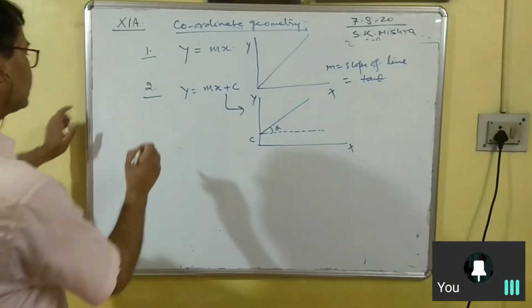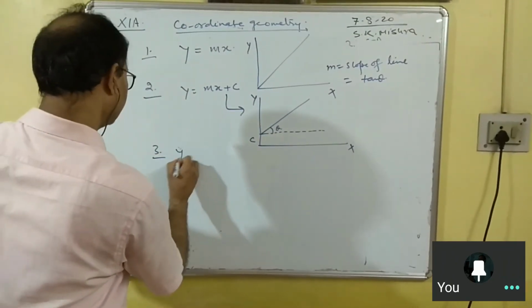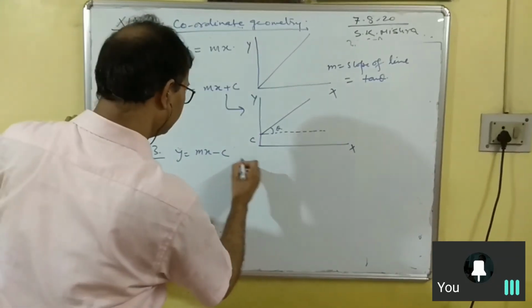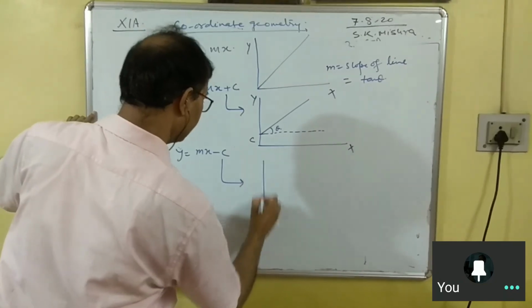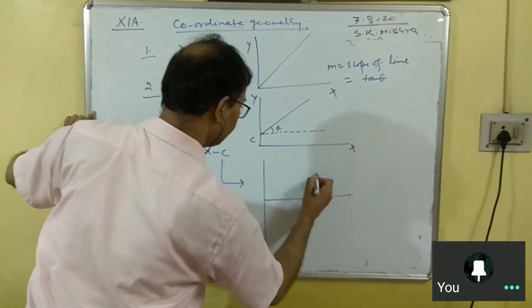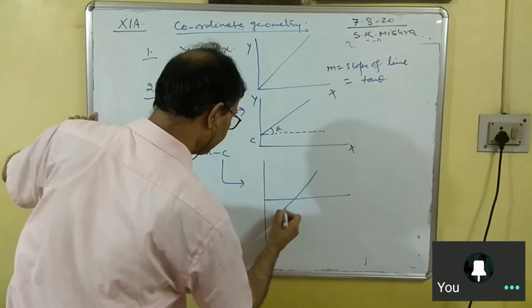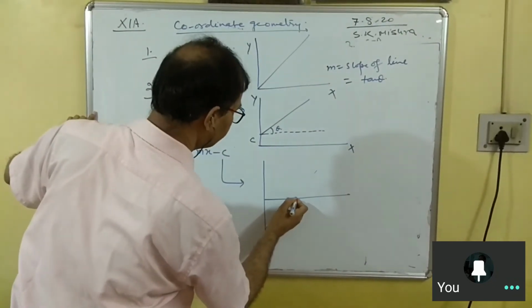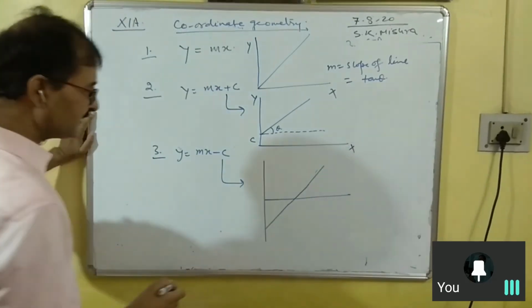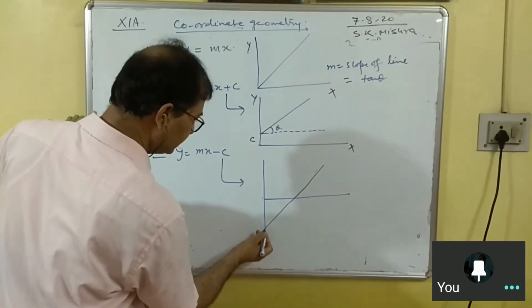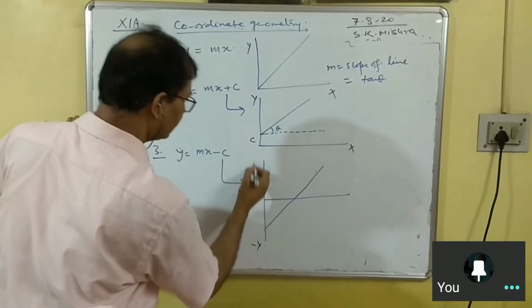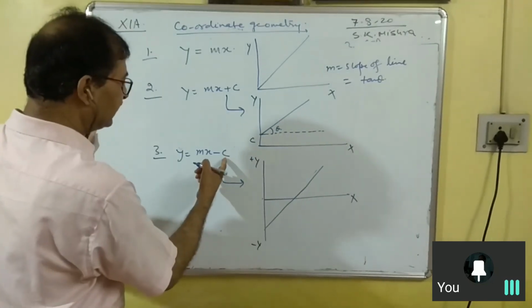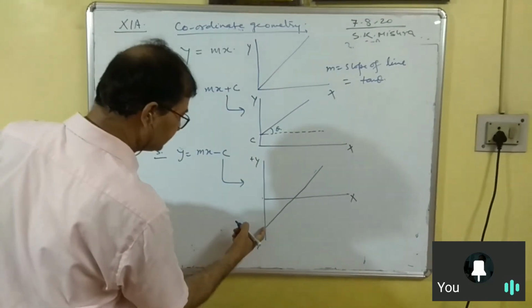And if it is y equals mx minus c, minus c means the intercept is now made on the negative y-axis. This is the negative y-axis. This is plus y. This is x. So c is not positive, c is negative. So this part is negative.